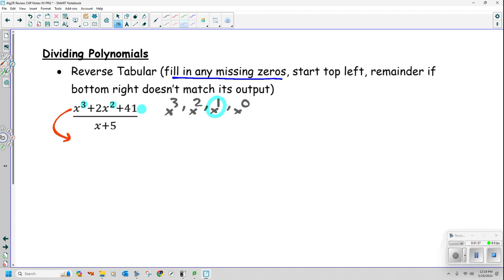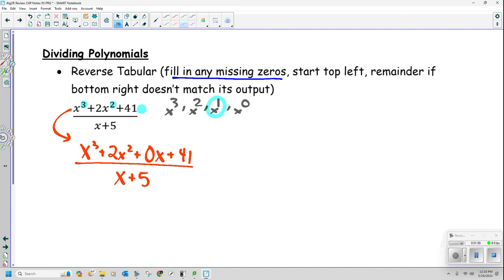So my top I'm going to rewrite as x cubed plus 2x squared plus 0x to the 1 plus 41. I need to do the same thing to my denominator, but my denominator has an x to the 1, and it should have something with 0 x's, which I do. So there's nothing really missing in the denominator.